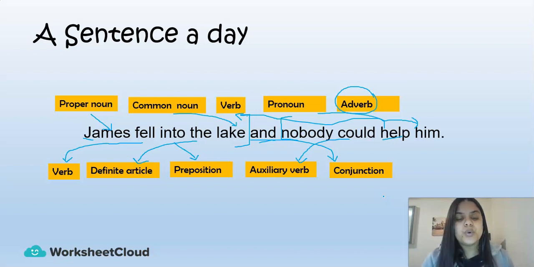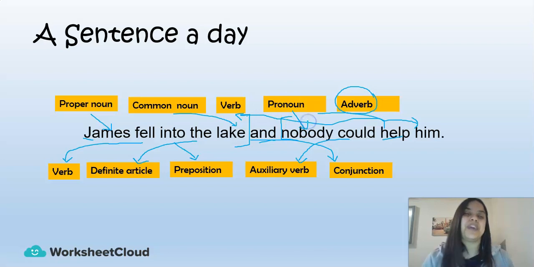So therefore, we have to think now, what could nobody possibly be? And I know the usual thing is that if we don't know it, it must be an adverb, okay? Because usually it can be, but in this particular sentence, it is not. So nobody is actually used in place of a noun, or nouns in this case. And therefore, it is also a pronoun.